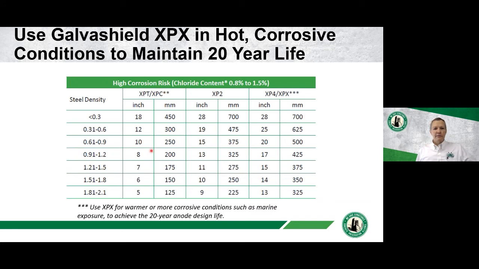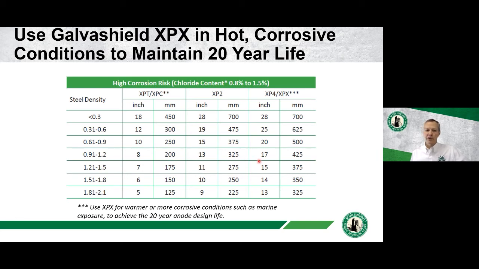So back to this spacing chart that you saw before. I've shown this to you before, where we looked at our steel density and we said, okay, we have steel density 1. We were in a high corrosion risk environment, with the chloride between 0.8 and 1.5. And we said we could use any of these things.